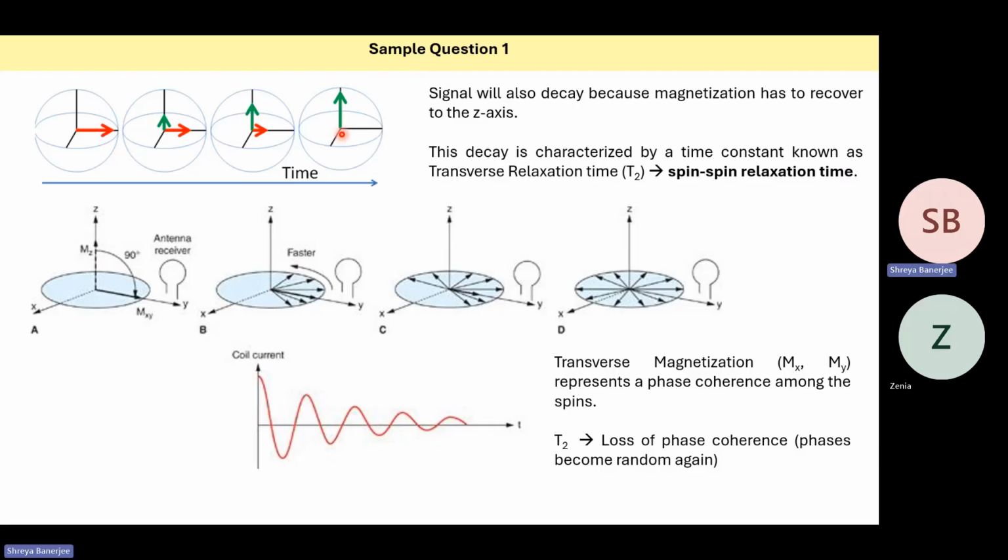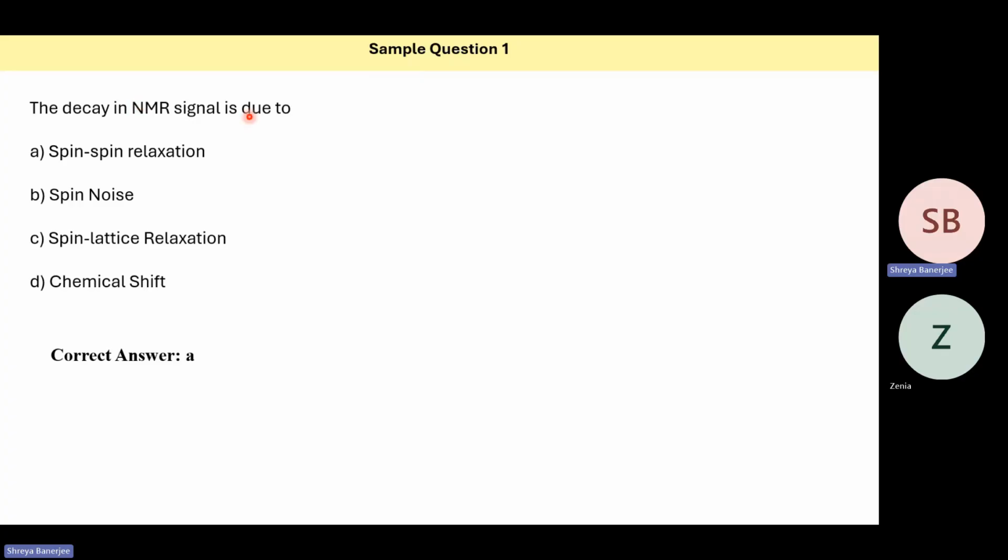So when the signal is completely in the Z direction, the signal is completely gone. Because the detector is in the XY plane, initially you are getting the highest signal, and after some time, when there is no XY component, the signal becomes zero. So the signal is decaying, and this process is the spin-spin relaxation time. So the decay is due to spin-spin relaxation, option A.